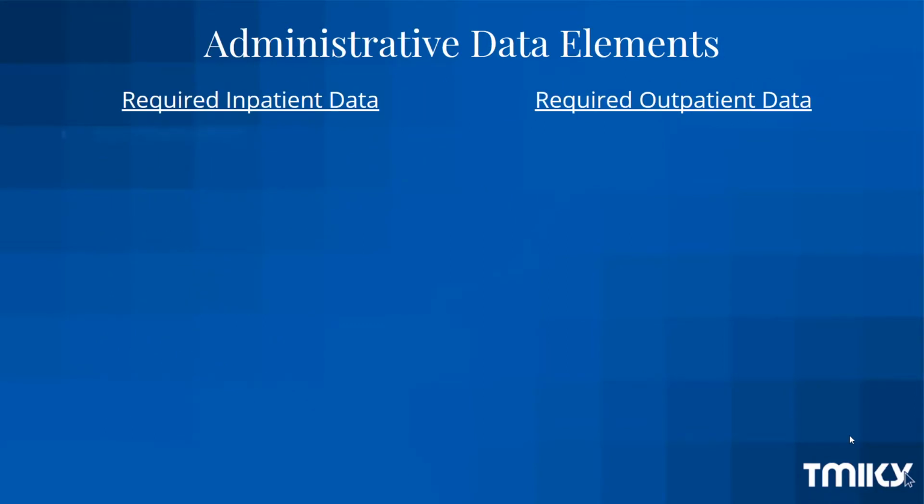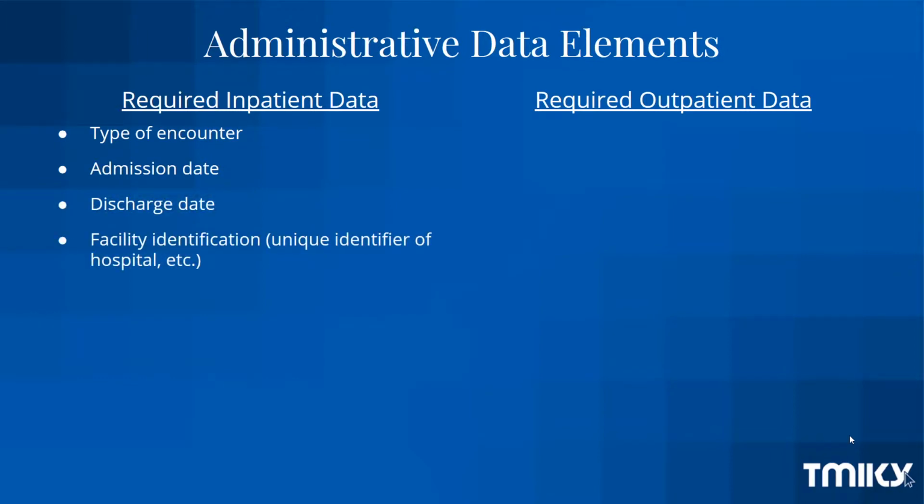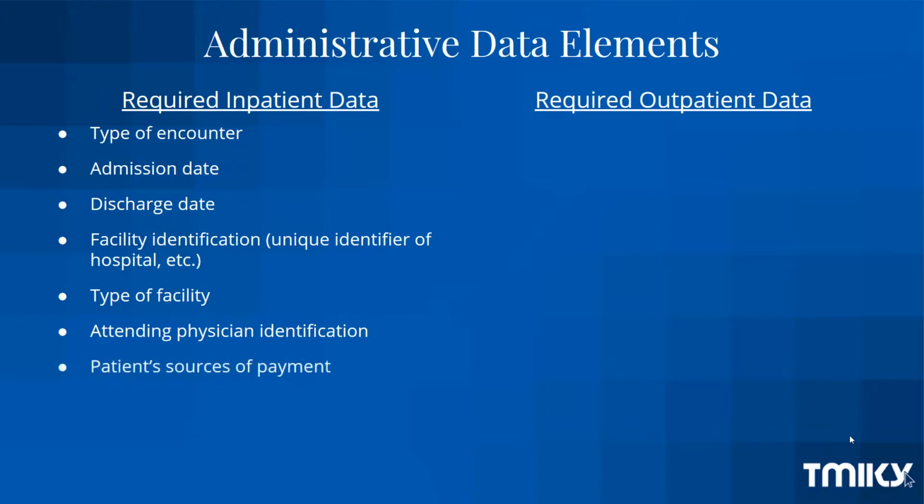The required inpatient data includes the type of encounter, admission date, discharge date, facility identification or the unique identifier of the hospital, the type of facility, the attending physician identification, the patient's source of payment, if related to employment or accident, and the total bill charged.